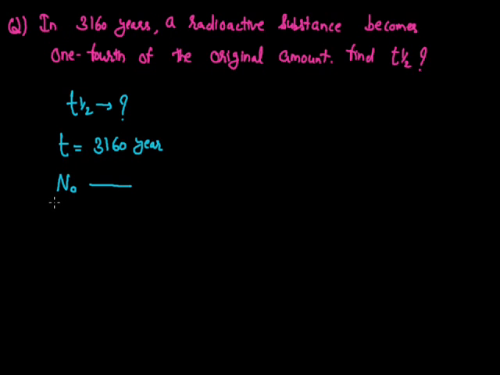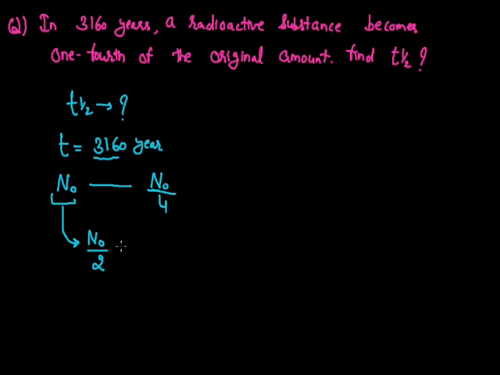So if I consider that the initial amount is N0, within a time period equal to this, it is going to reduce to 1/4 of the original amount, and the final amount can be represented as N0/4. Now, as we know, within one half-life period this radioactive substance reduces to half of its original amount, and the reduced amount can be expressed as N0/2.